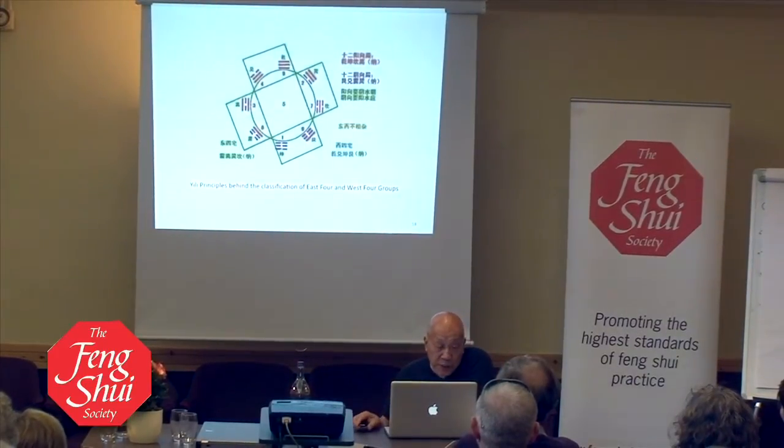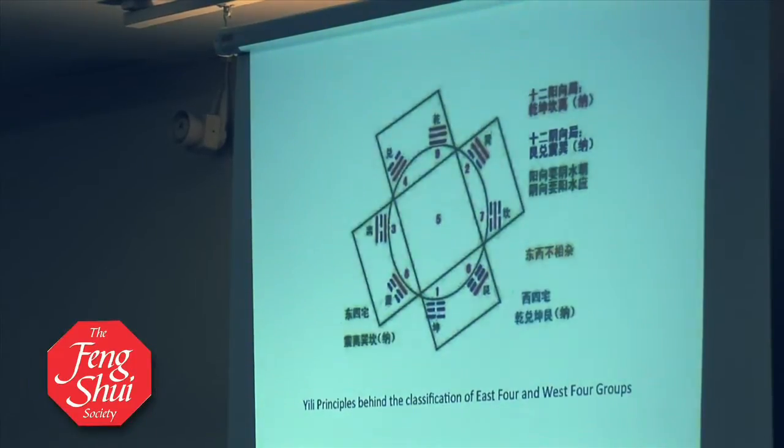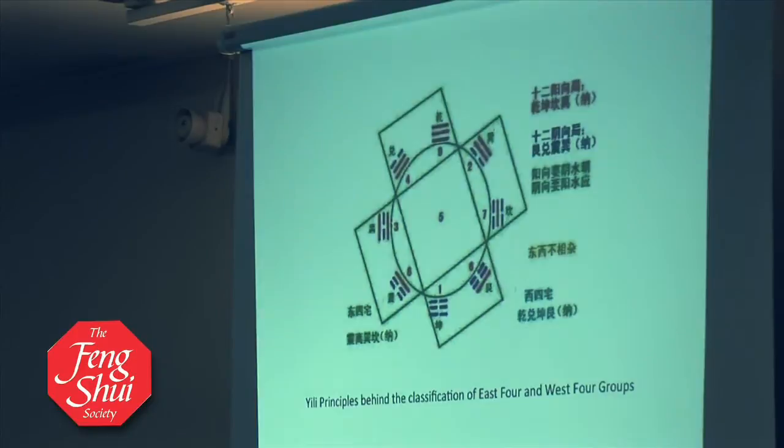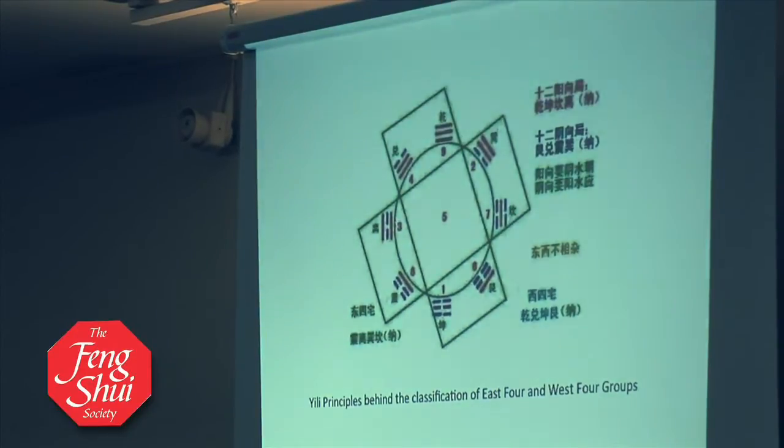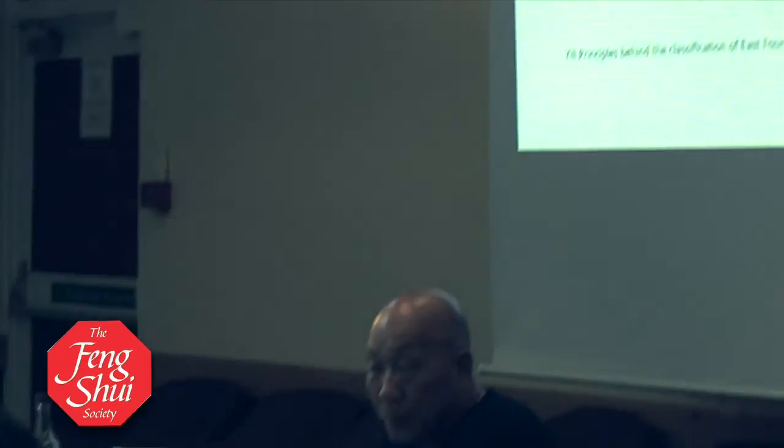What it represents is that 1, 6 is early heaven water, and 4, 9 is early heaven metal. Metal generates water. 3, 8 is early heaven wood, and 2, 7 is early heaven fire. So early heaven wood generates fire. So you have a harmonious relationship there, and that's how they group them together into East 4 and West 4.